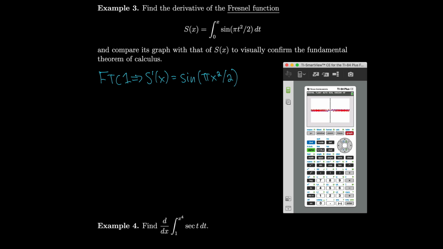Looks cool, but it's kind of hard to see, so let's try zooming in a little bit. Okay, notice that blue is our integral function, our function S. Red is our derivative. Let's grab a picture of that.